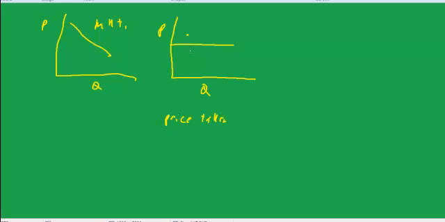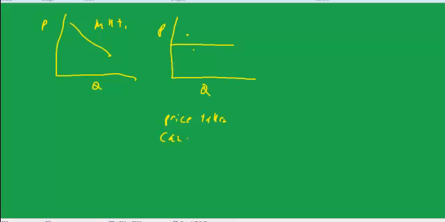You're welcome to set a price below, but why do that? Because you can sell all you can at the market price, so you're just throwing away money. You're giving your product away cheaper than you'd have to sell it here. So you basically take the price that's at the market. That's what it means, a price-taking firm.